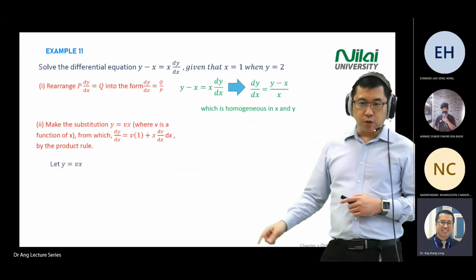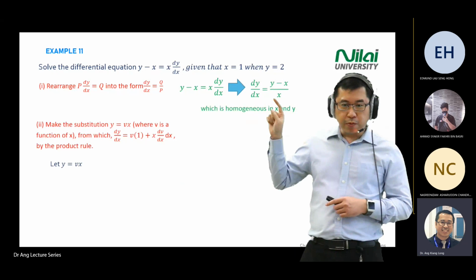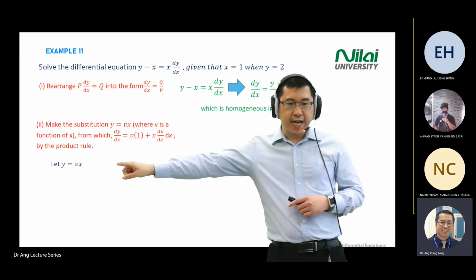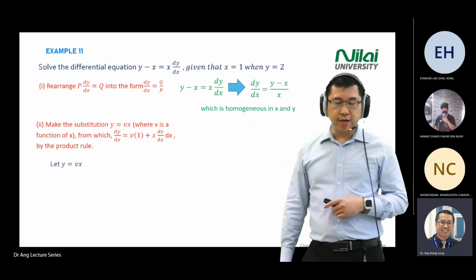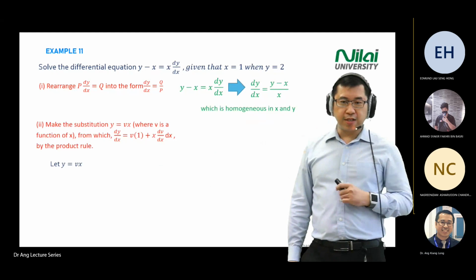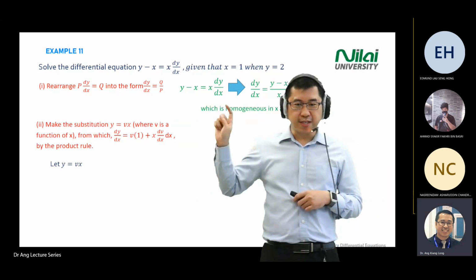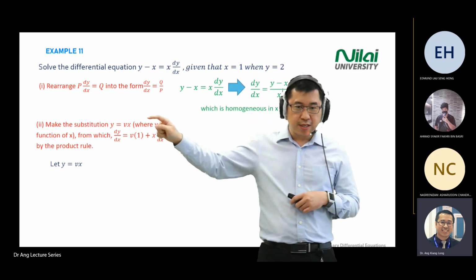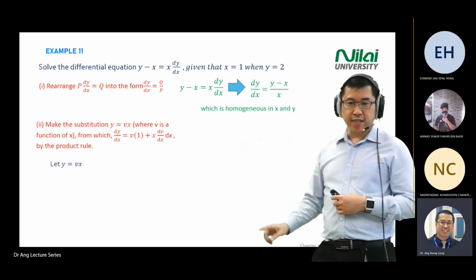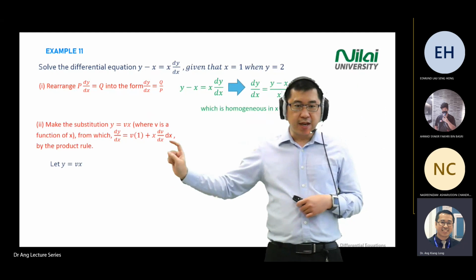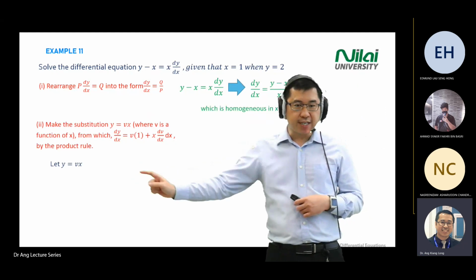What we do after these steps is write something like this on your answer sheet. You always start with the second step. Once it's homogeneous, the next step you write y equal to vx. This one is something new today. You write y equal to vx.